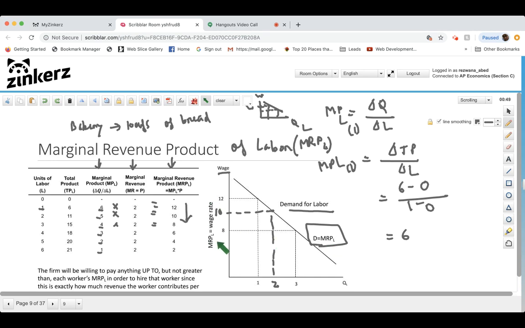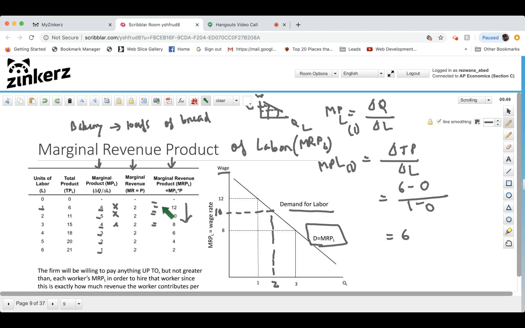The marginal revenue product of labor is the maximum price that the farm would be willing to pay to hire each additional worker, because they care about what kind of value you are bringing to the farm. So the first worker's marginal product is 6, so he can add 6 loaves of bread per hour to the total product, and we can sell each loaf of bread for 2.